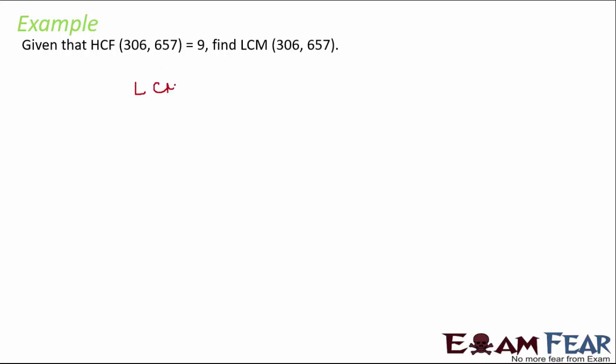So let's move on to the next question. Given that HCF of 306 and 657 is equal to 9, find LCM of 306 and 657. So one option is we do the LCM, but that's a lengthy process. So without doing that, if we just know the HCF, we can make use of this concept that the product of HCF and LCM is equal to the product of the two numbers.